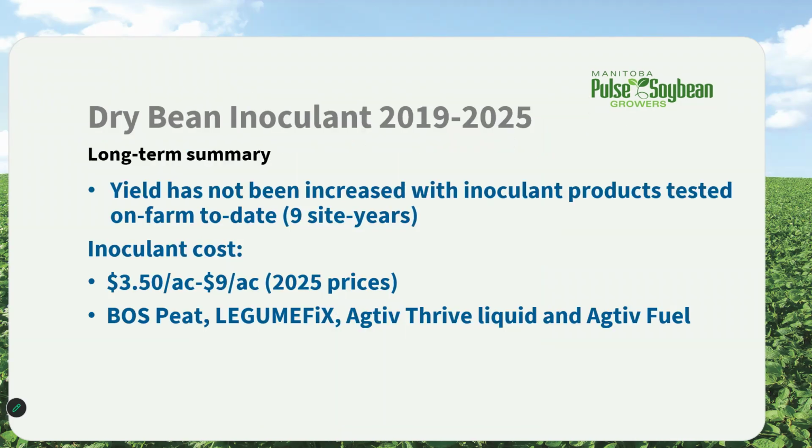So as for long-term results, it's hard to tease out the potential return on investment of inoculant versus nitrogen fertilizer at this point. More testing is definitely required once more products become available. Inoculants run from about $3.50 to $9 per acre, and we've tested a number of different products.